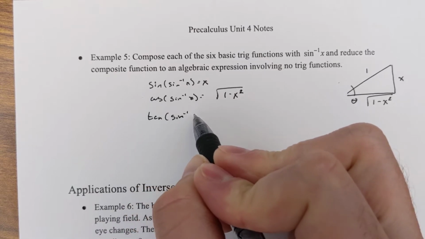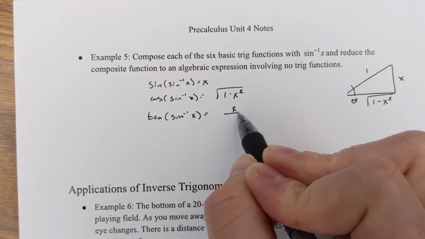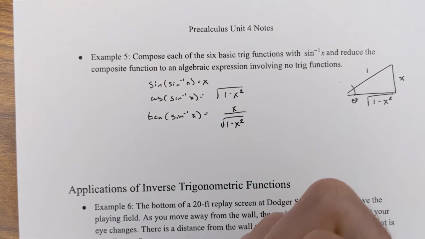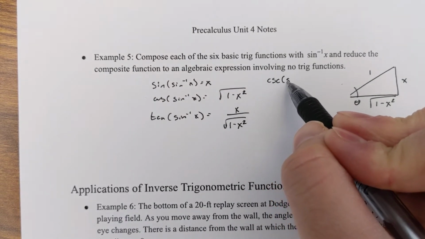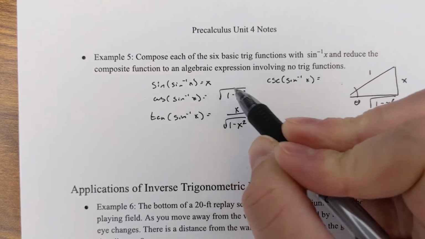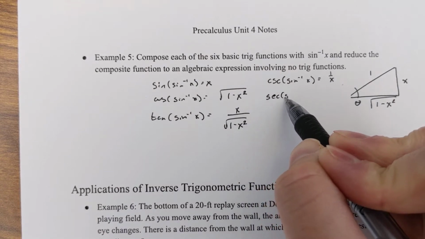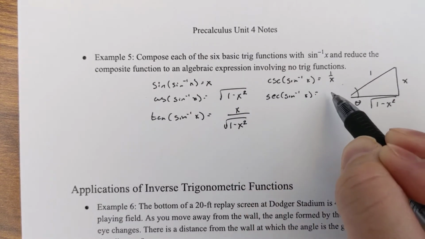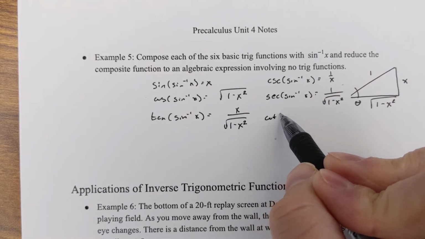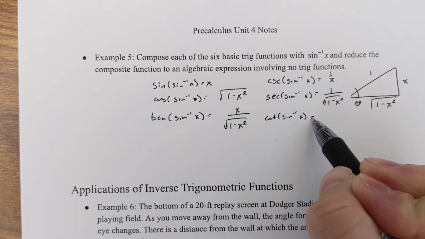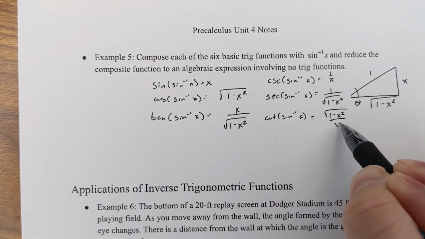Tangent of the inverse sine of x is opposite over adjacent, so x over root 1 minus x squared. And then to get the other ones, this would be cosecant of the inverse sine of x. Well, this can be the reciprocal, so it's 1 over x. The secant of the inverse sine of x is the reciprocal, 1 over root 1 minus x squared. And the cotangent of the inverse sine of x is equal to the reciprocal of this guy, so the square root of 1 minus x squared over x.